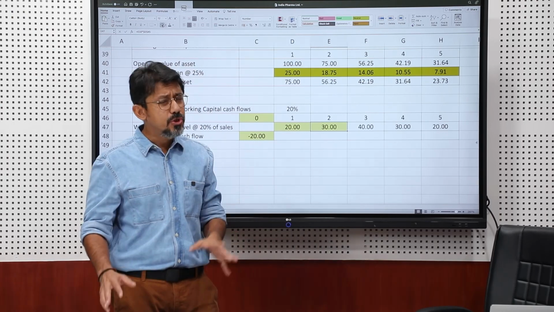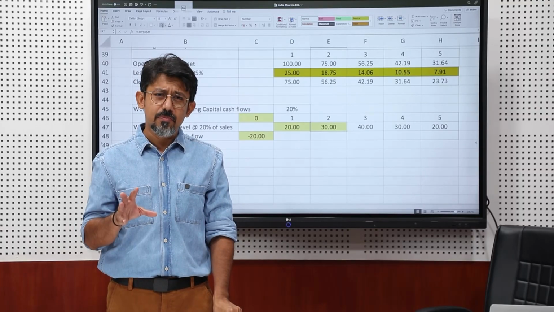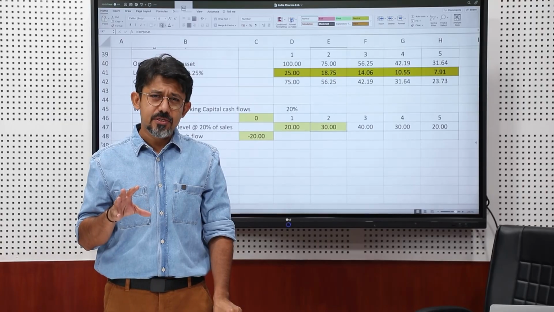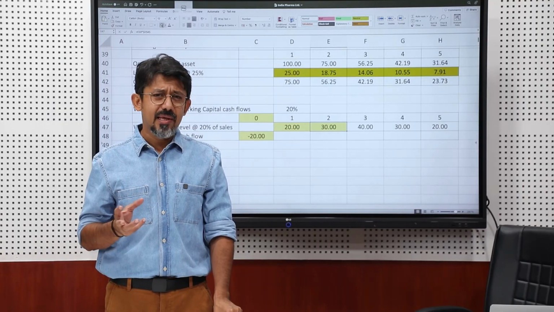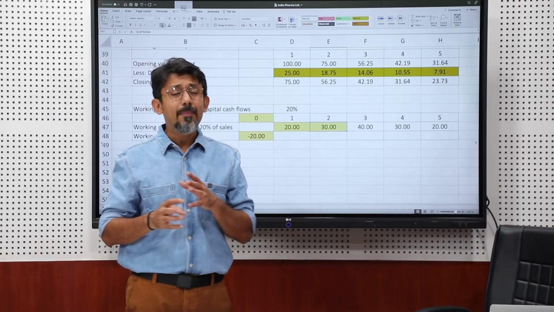Do I ever consume working capital, or does working capital always remain in the system? Does working capital always keep on rotating in your system, or does it get evaporated, in the sense that it gets consumed? Working capital changes form.